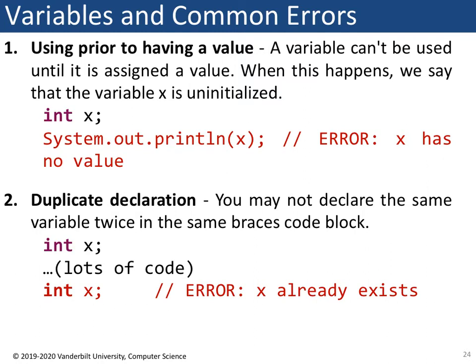So in the same set of curly braces that encloses a section of code, you have attempted to declare another variable of the same name. To recap, before a variable can be assigned a value, you must declare the variable. Before the variable can be used in an expression, you must assign it a value. And if a variable already exists in the scope, you cannot declare it again.